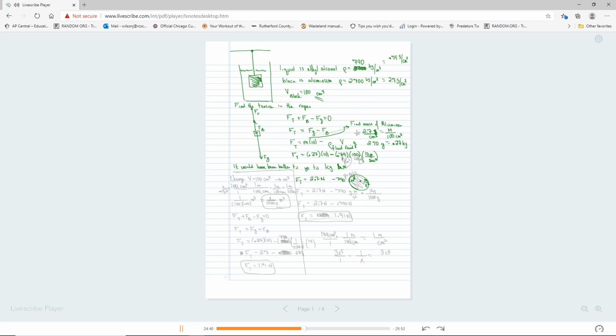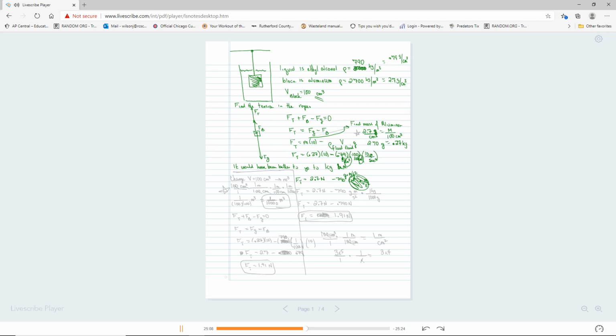Because this one is grams per centimeter cubed. Oh, Miss Wilson. Yay! Look. Centimeters cubed in the density cancels the centimeters cubed in the volume. So all I've really got to mess with is grams and meters per second squared.